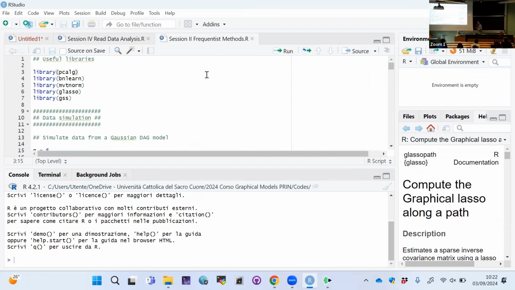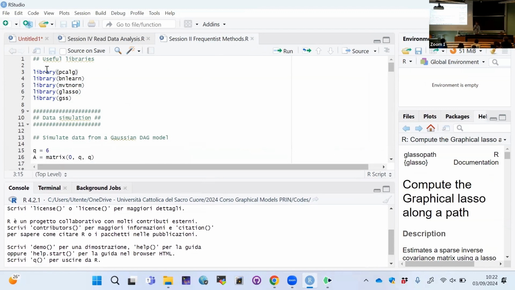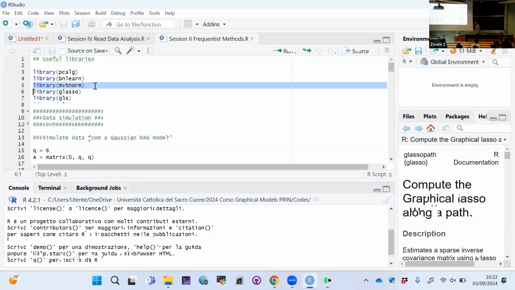Okay, so multivariate normal data, but from a graphical model. There are some libraries that you will need to install, but for now the mvtnorm library at the very end is enough. The other libraries will be useful for frequentist estimation in Gaussian graphical models, but we will use them later on.